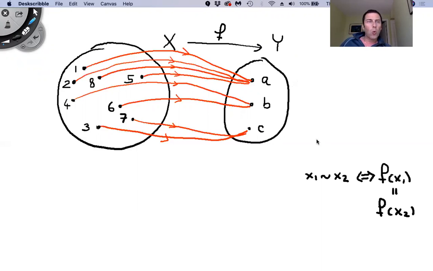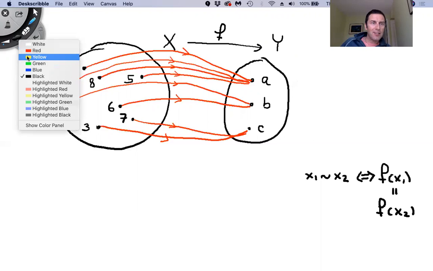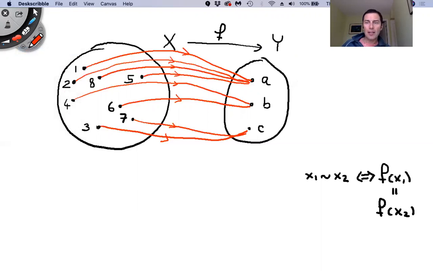So question for everybody, you can unmute yourself or answer in the chat: what are the equivalence classes, what are the subsets in X that are equivalence classes for this equivalence relation?